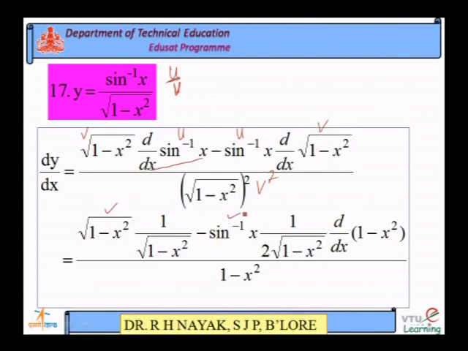Differentiation of root of 1 minus x square. It is a root function. It can be differentiated according to the standard form for the root function. Differentiation of root x is 1 by root x.